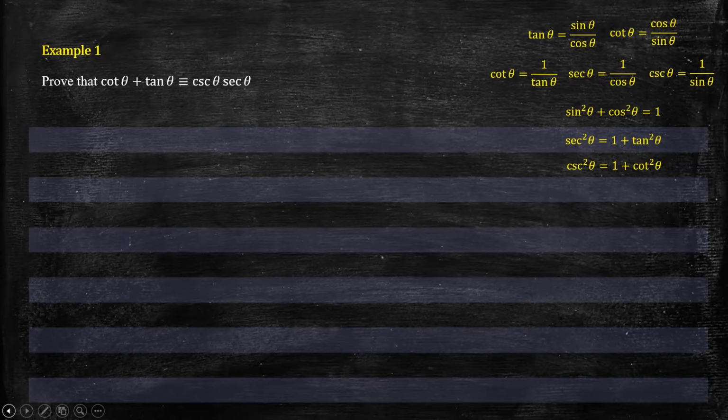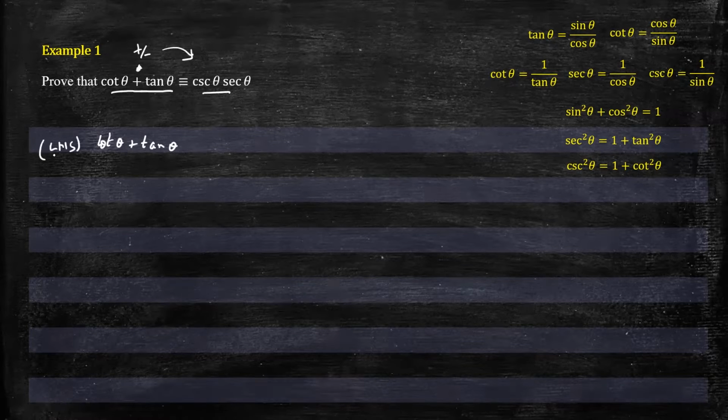So in this question, it's actually easier to go from plus or minus to a product as we have here. So what we'll do, we'll try to add these two terms, so cot theta plus tan theta. So this is the left-hand side, and we'll attempt to get the right-hand side here by simplification.